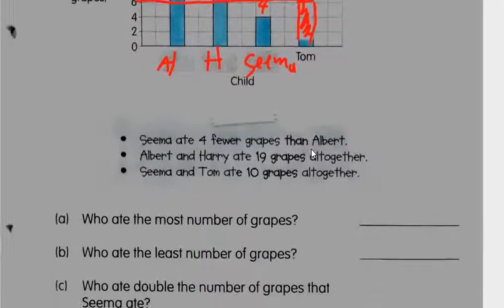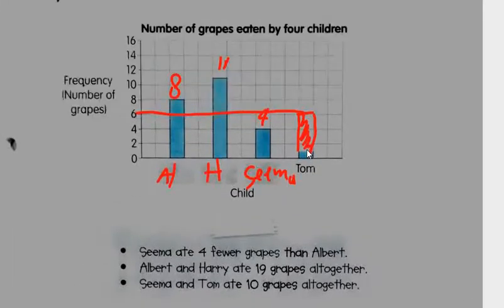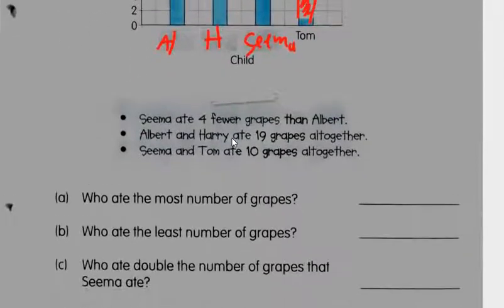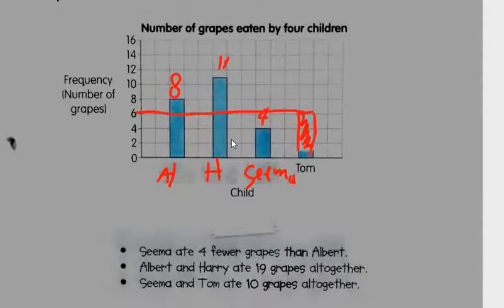Take a look at the questions. Who ate the most number of grapes? Okay, obviously you can decide which one is the highest bar. The least number for question B. Okay, that has the shortest bar.